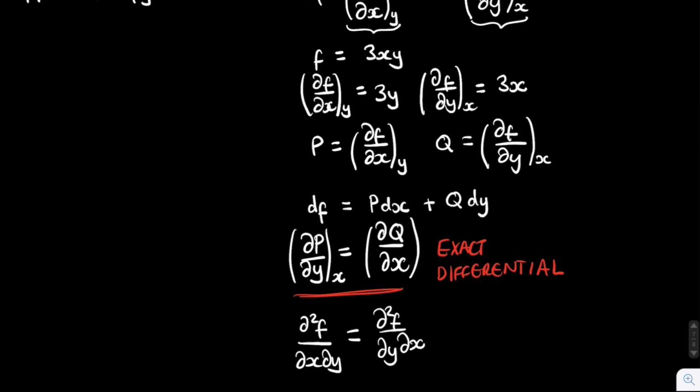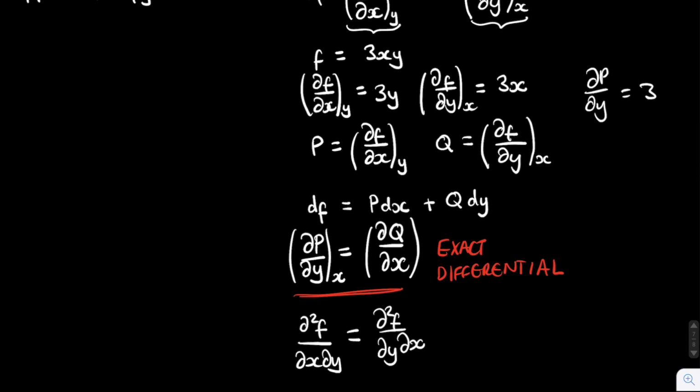Now if we look at this example here, we find that our p value is 3y, and our q value is 3x. So what is dp dy holding x constant? Well, there's no x to worry about here. So dp dy for this case is 3.